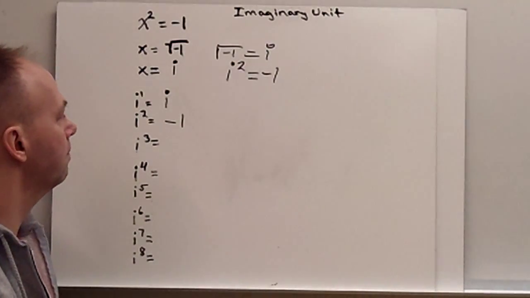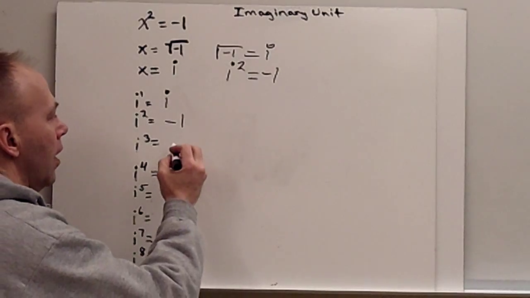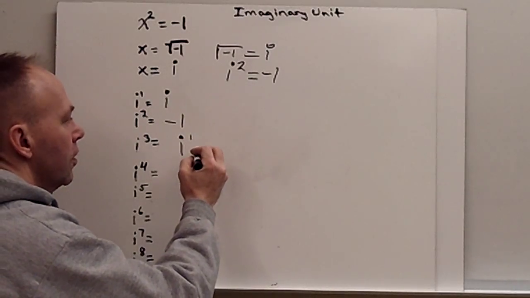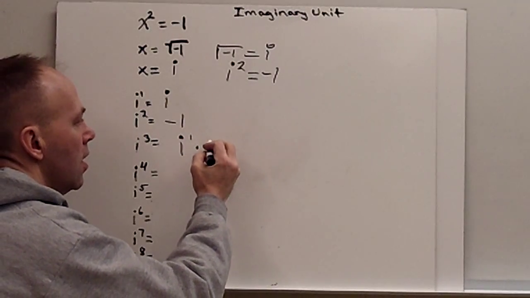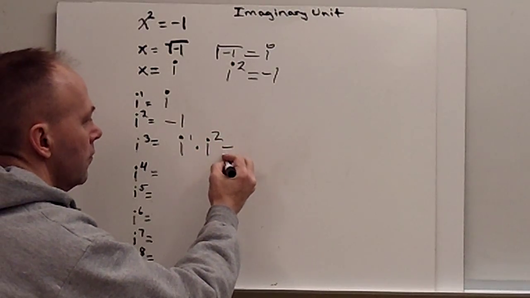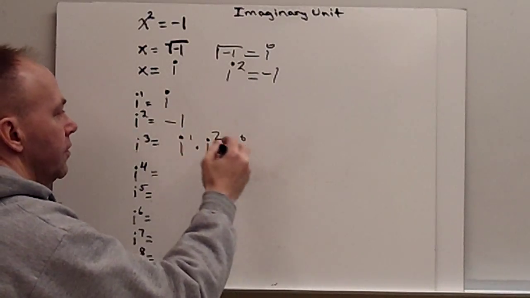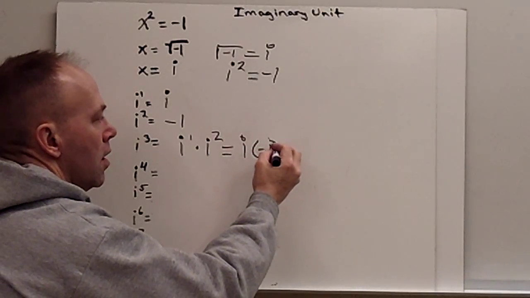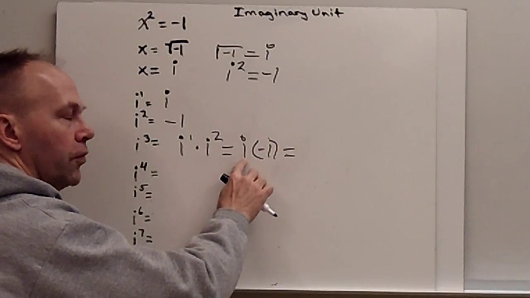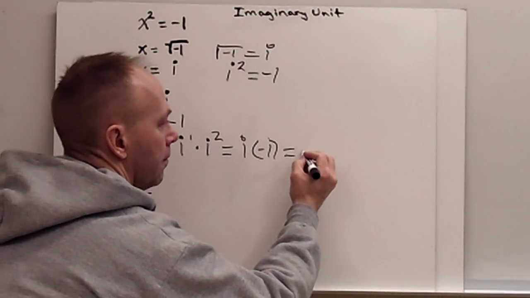To find i to the third, something to the third power, I can write that as something to the first times something to the second, so it's i to the first times i to the second. Well, i to the first is i, i squared is -1. And just like multiplying -1 times a real number, if I take -1 times i, I get -i.